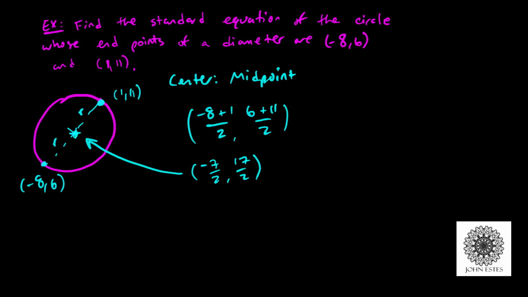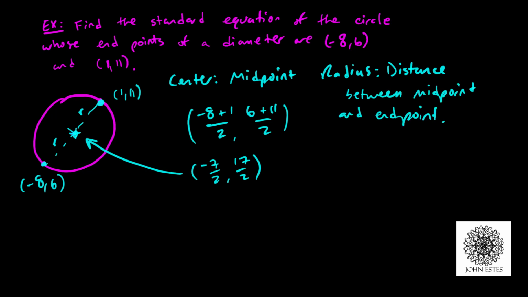Now to find the radius, all I need to do is calculate the distance. The radius comes from the distance between the midpoint and one of these endpoints. Actually, we don't even have to calculate the distance, because if I calculate the distance squared, I get r squared, and I'll end up with the circle equation. That's going to be the difference of my x's.